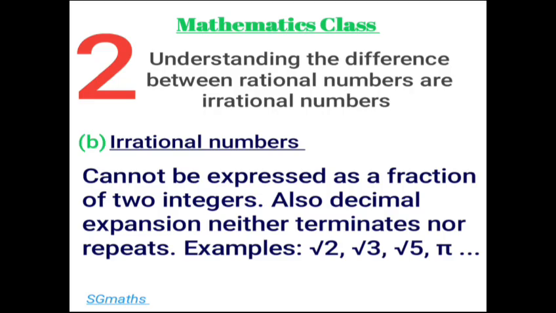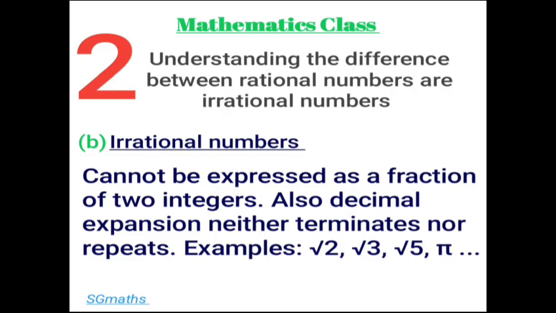So for all these numbers, you can't terminate their roots. For example, let me say root 23 now. If you press the calculator, root 23 will give 4.7958311523, and the number still continues, it does not terminate.